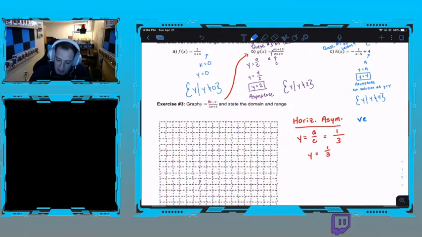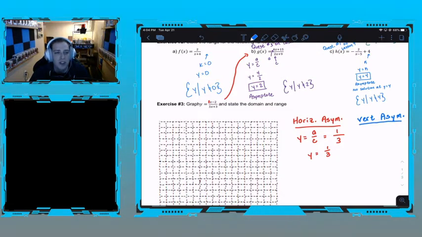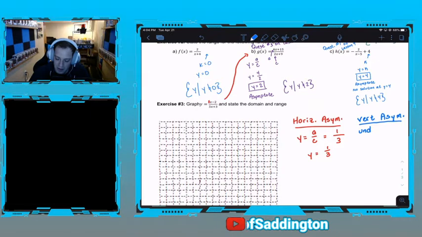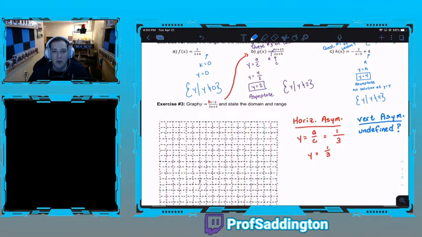The vertical asymptote is a little bit easier because this is something we've been doing for a long time. This is where the function is undefined. So I'm just going to put in undefined, question mark. We have to figure out what x value makes it so this does not work.